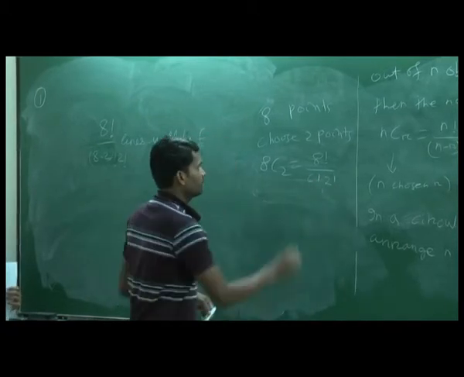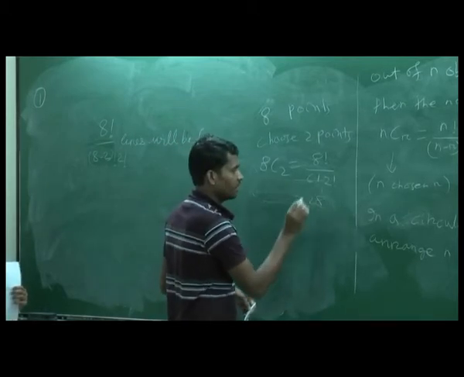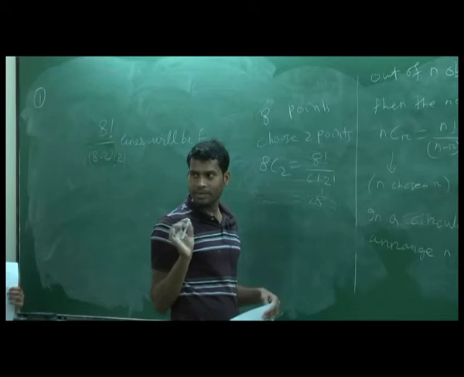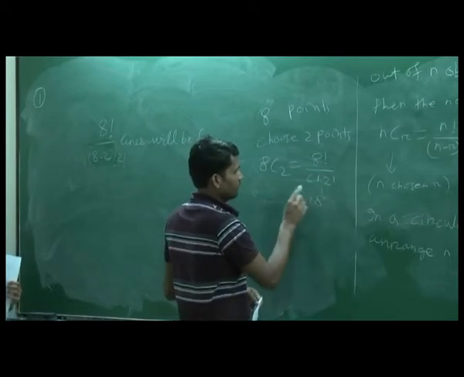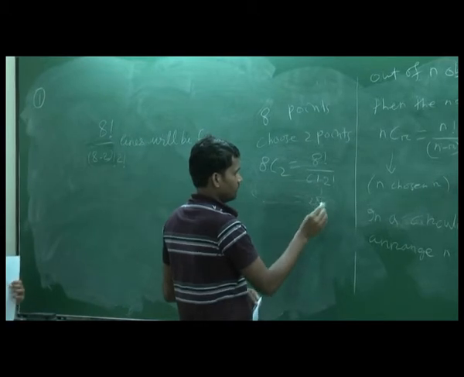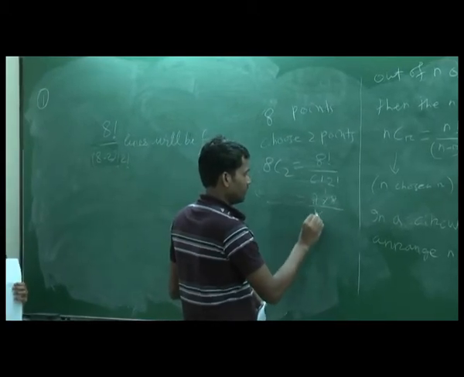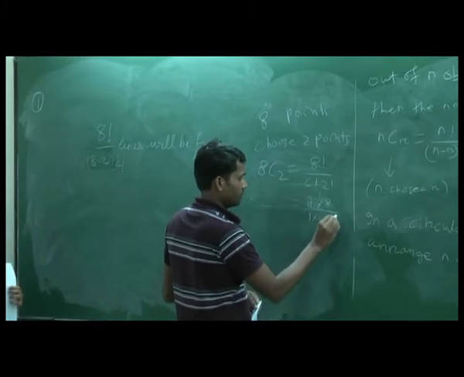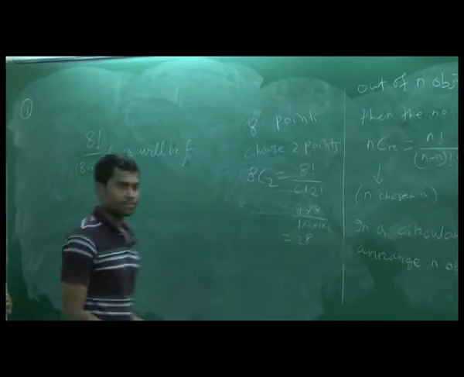That is equal to 28. Is it coming correctly? 7 into 8, 1 into 2, equal to 28, right?